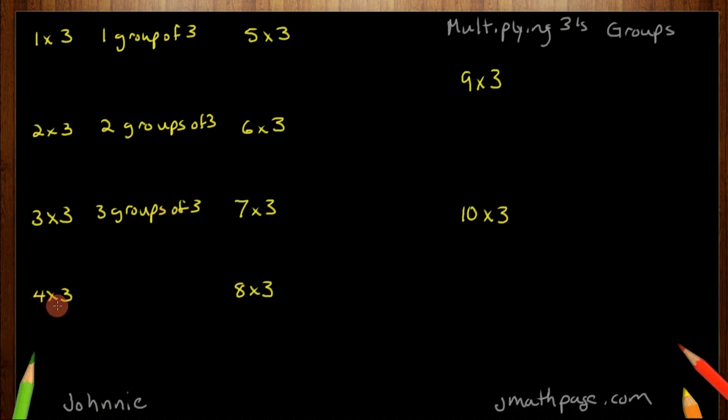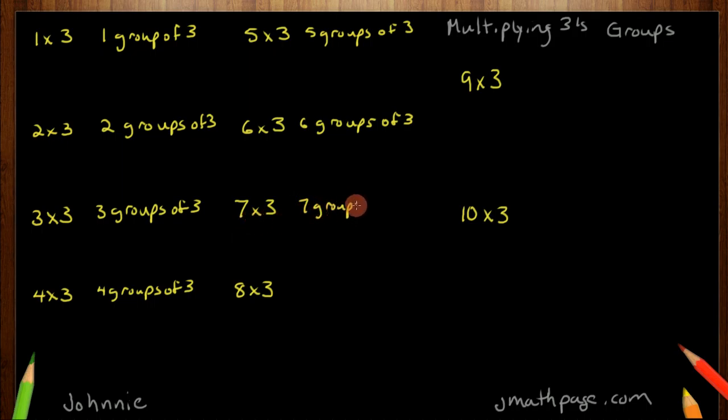And 4 times 3, 4 groups of 3. 5 groups of 3 for 5 times 3. 6 times 3, 6 groups of 3. 7 times 3, 7 groups of 3. 8 times 3, 8 groups of 3. 9 times 3 would be 9 groups of 3.